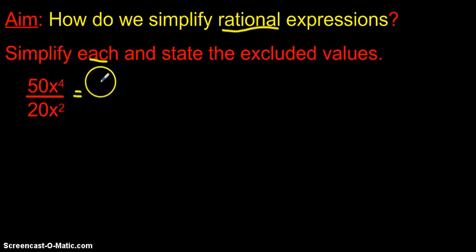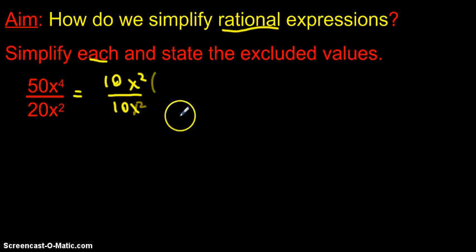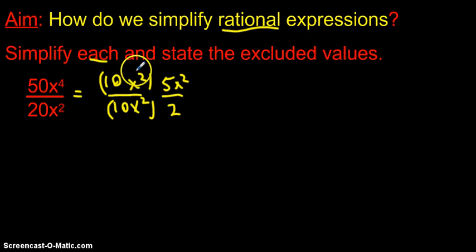They have a GCF of 10x squared, and the remaining parts at the top would be 5x squared, and the denominator would be 2. So these cancel out. 10x squared divided by 10x squared is equal to 1, leaving our final fraction to be 5x squared over 2.